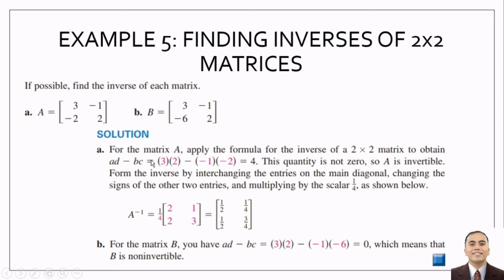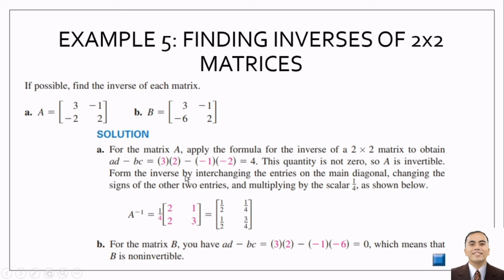Simplifying, the answer will be 4. So this quantity is not 0, so A is invertible. Matrix A has an inverse.